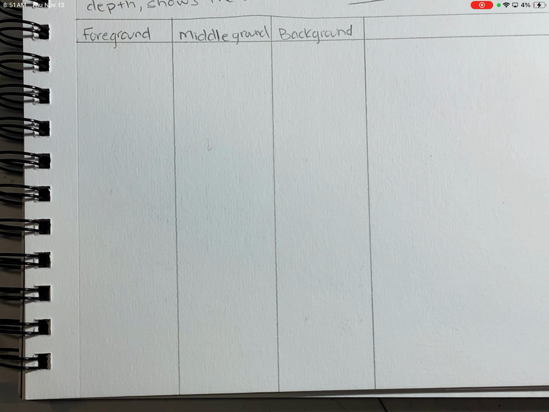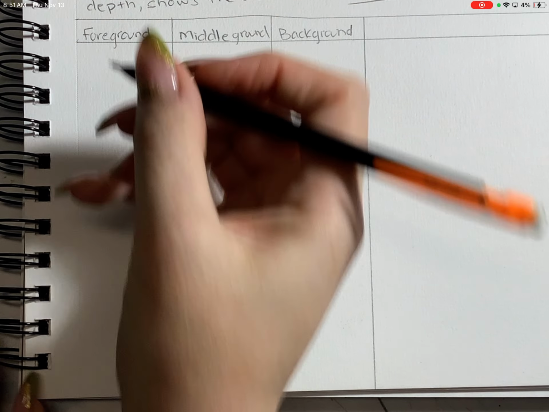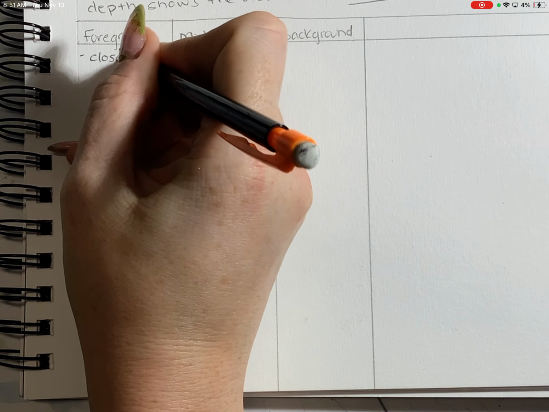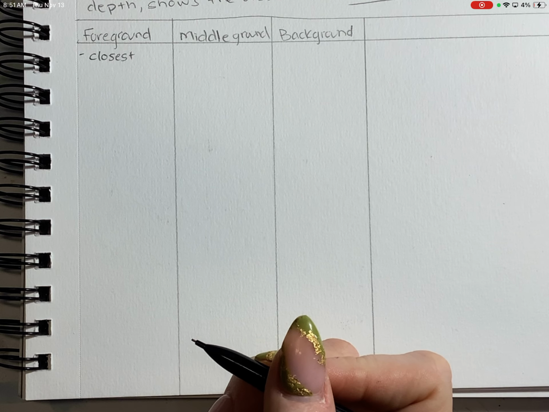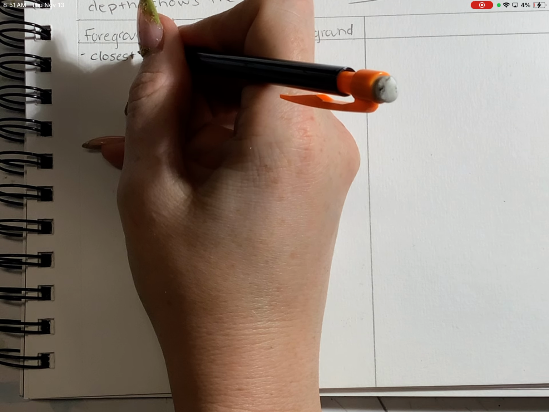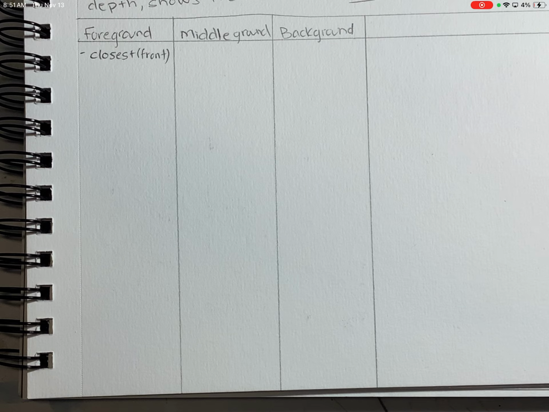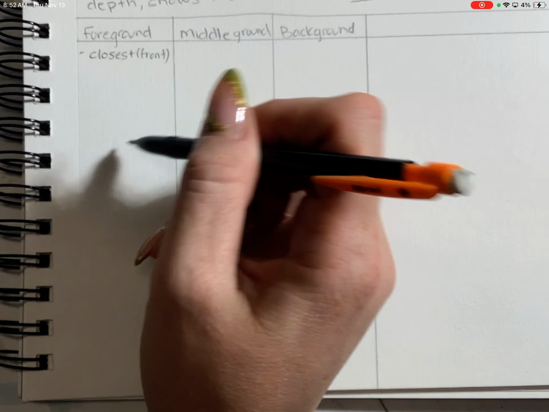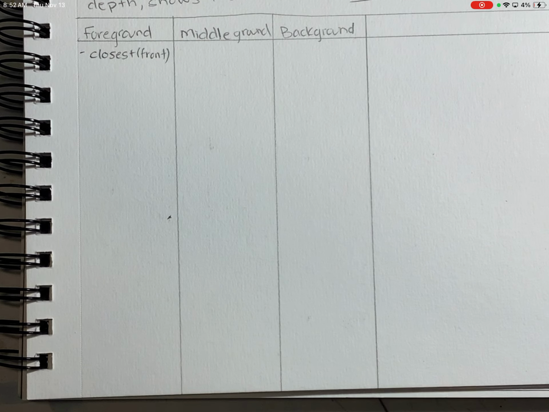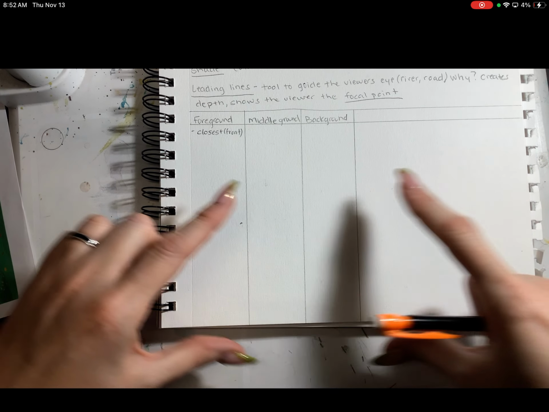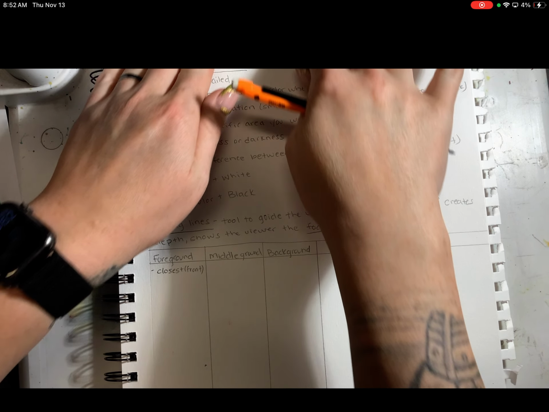So the foreground in a drawing is going to be everything that is closest or in front. So if that's a little drawing, it would be everything in the bottom half. Everything closest to you in your paper. So if I'm looking at my paper, my foreground would be here, background towards the back.